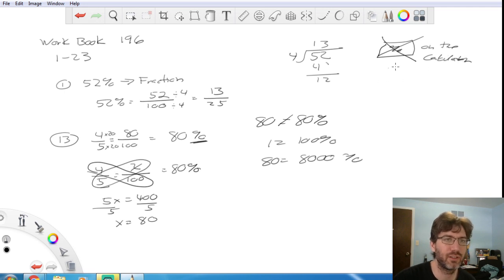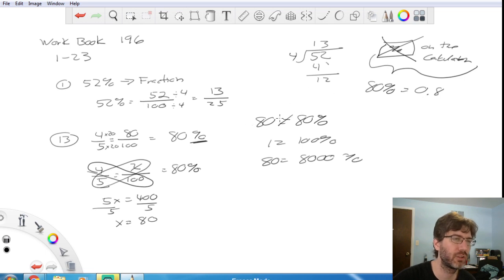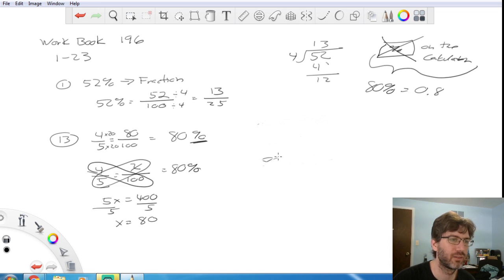If you use the percent key on the calculator, what it does is you'll type in 80%. It's going to turn that into a decimal for you, and then do it. But most formulas that you use a percent for, like compound interest, A equals P times 1 plus r to the n.